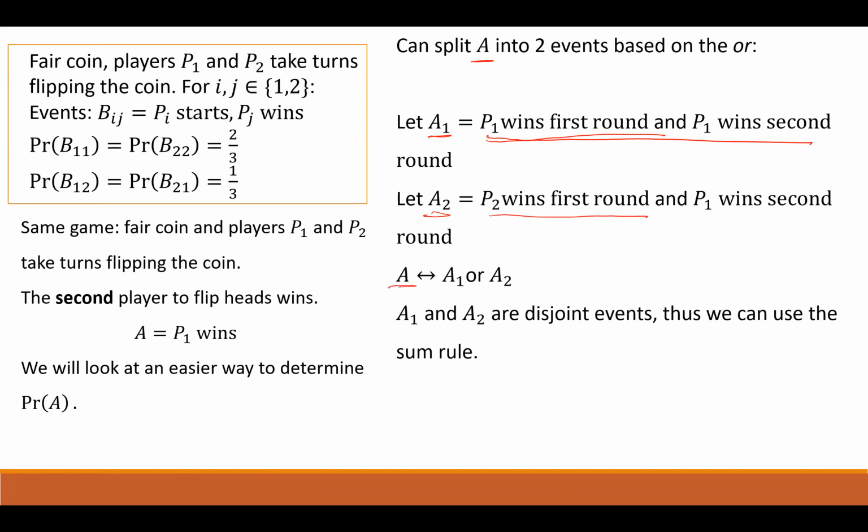So this event, player 1 wins, happens if and only if player 1 wins the first round and the second round, or player 2 wins the first round and player 1 wins the second round. Right? So these are disjoint subsets that completely describe this set A. And since they're disjoint, we can use the sum rule. Right? So my probability that player 1 wins is the probability that player 1 wins both rounds, plus the probability that player 1 only wins the second round.